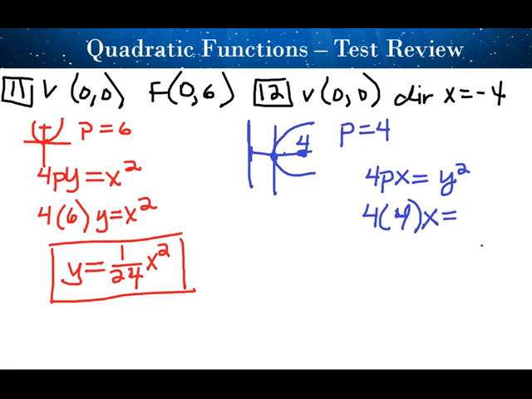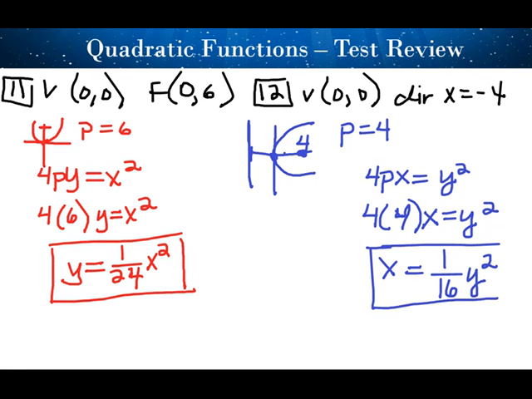Now, how did I know that I needed to use a +4? Well, because I went to the right when I first just sketched the graph. So now in order to write this like we're used to seeing it, we're going to write 16. 16 is going to be divided over, so I'll just put it underneath 1. And we got x equals 1 over 16 y squared. Okay, and that is going to be my answer.